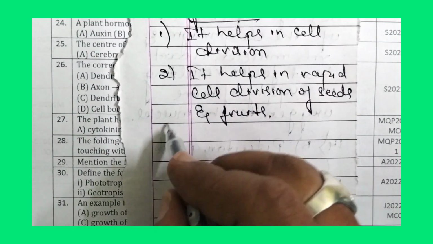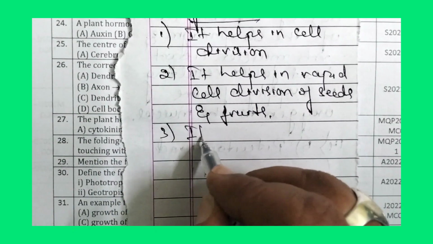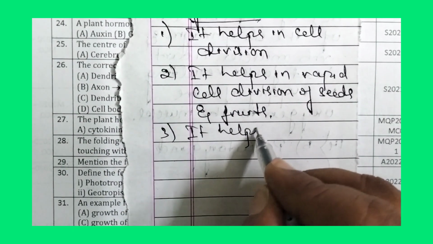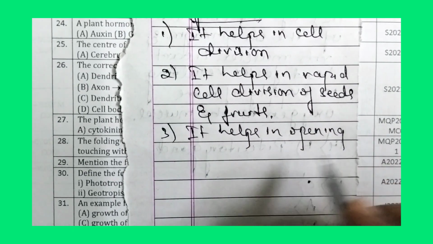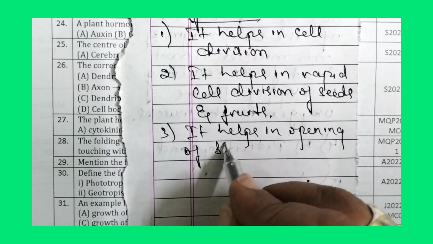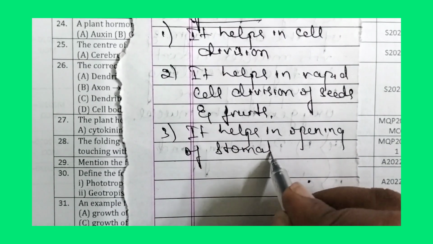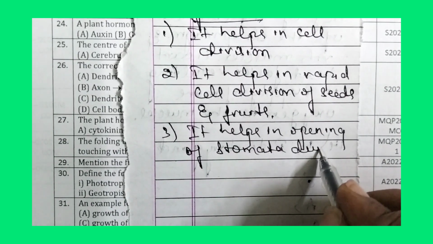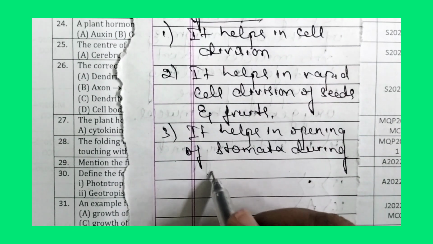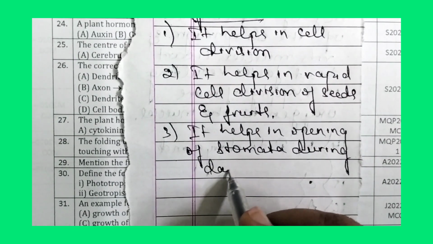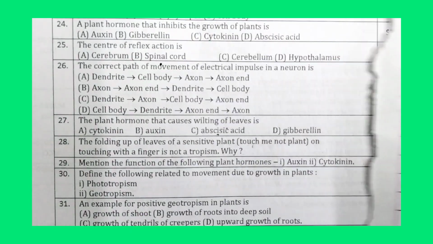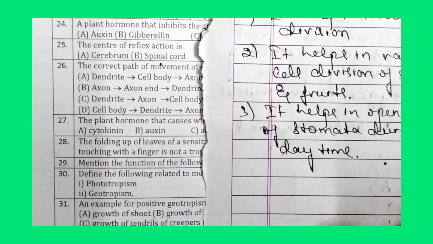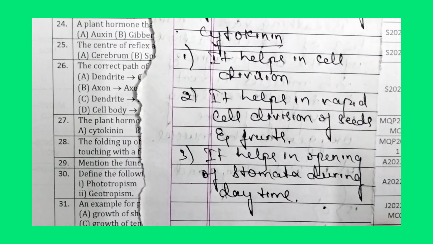Then the third one is it helps in opening of stomata during daytime. So this is about the functions of auxin and cytokinin.